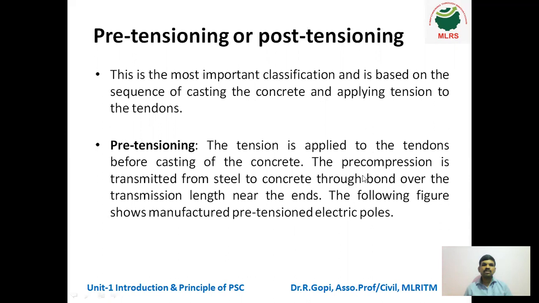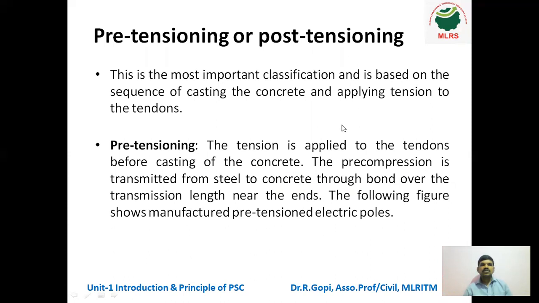The most important classification is based on the sequence of casting concrete and applying tension to the tendons. In pre-tensioning, the tension is applied to the tendons before casting the concrete. The pre-compression is transmitted from steel to concrete through bond over the transmission length near the ends. The following figure shows the manufacture of pre-tensioned electric poles.